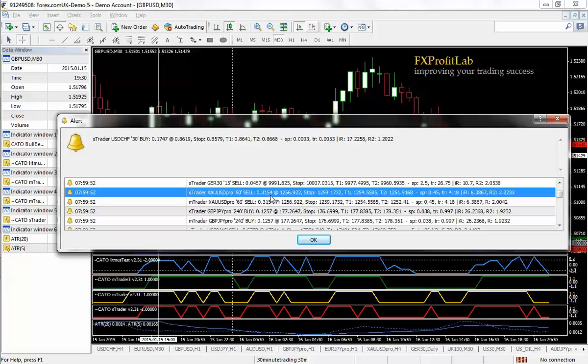So that's 3.1 mini lots, and it says sell it if it breaks below 1256.922. The stop is 1259.1732. T1 is 1254.55. T2 is 1251.91. The spread is 0.45.